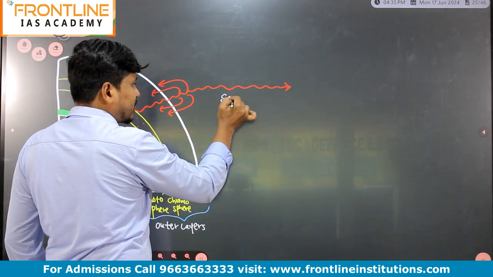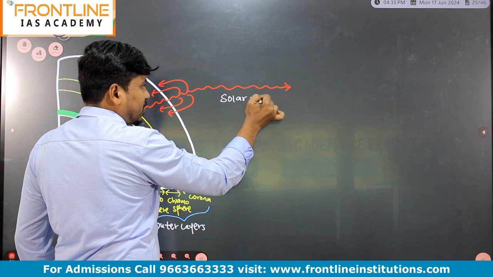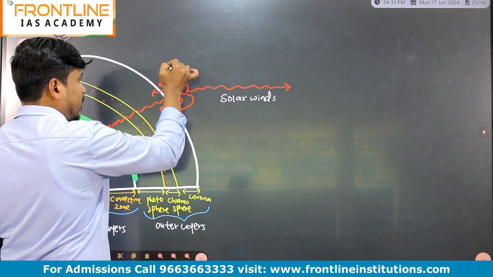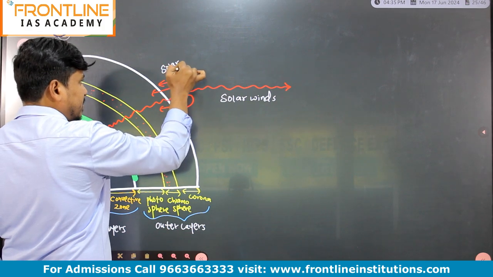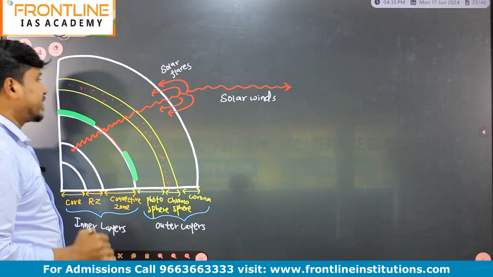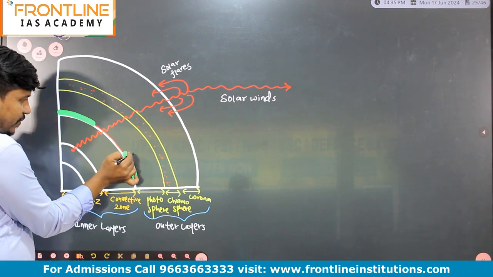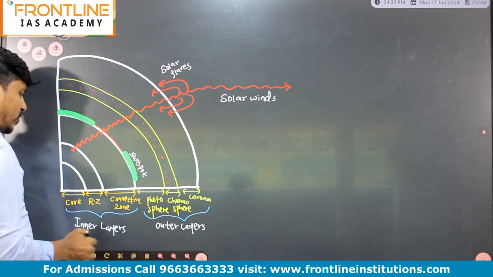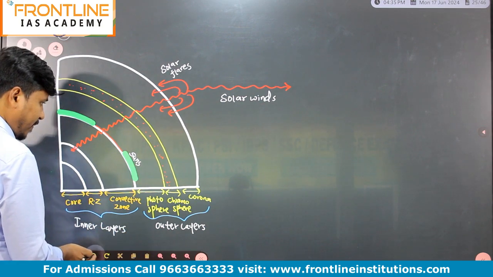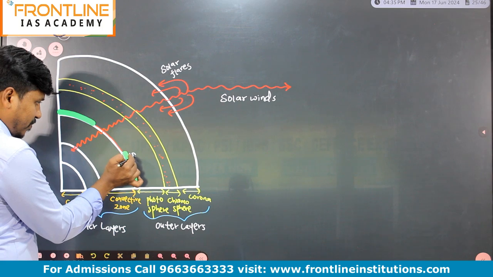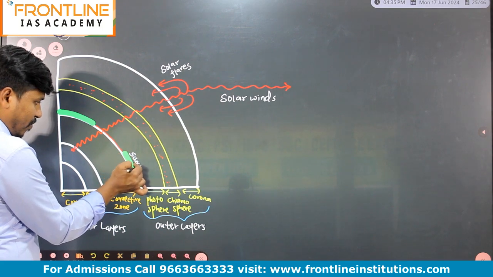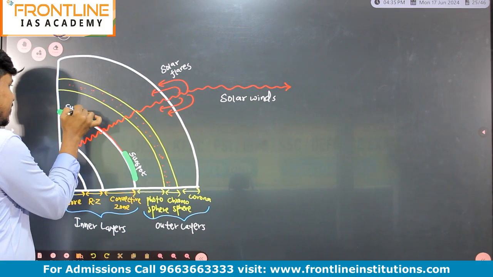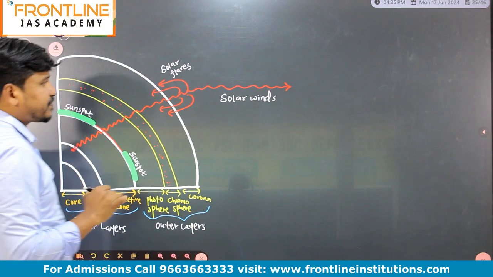This is solar winds, and this is solar flares. And this area we call sunspot. This is also sunspot, right?